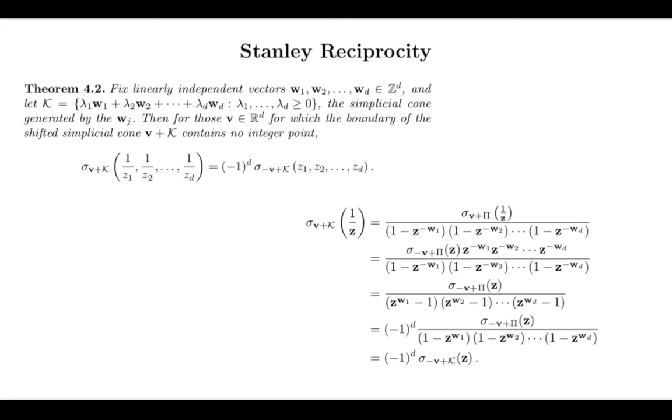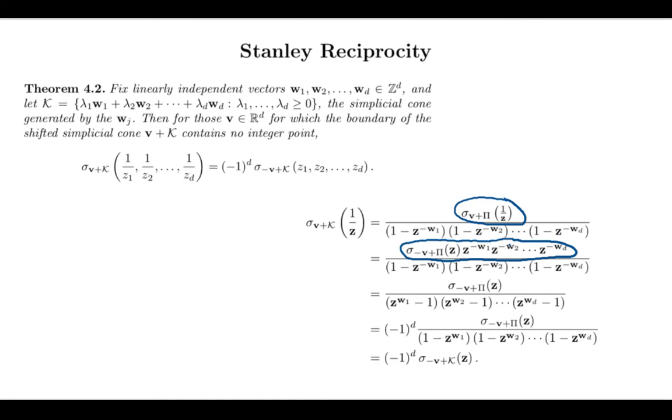I do want to point out the place in the proof where you can see that this is an identity of rational functions. This is essentially the last step in the proof where we plug in reciprocals in one of the generating functions. And going from here to the next line, you can see the geometric relation between the two shifted versions of pi translated into generating functions.